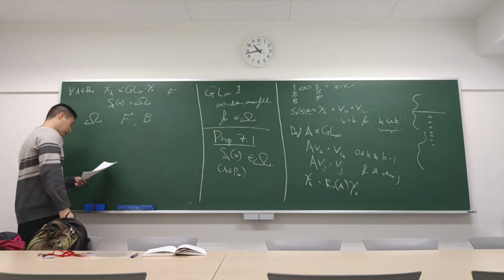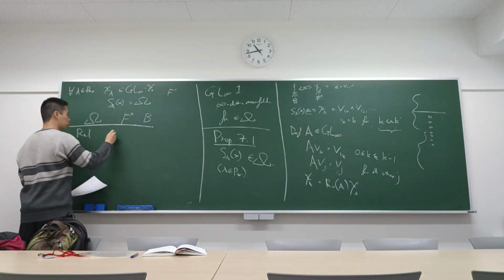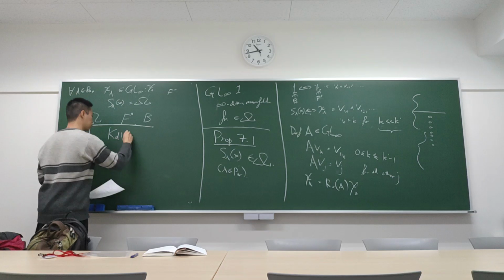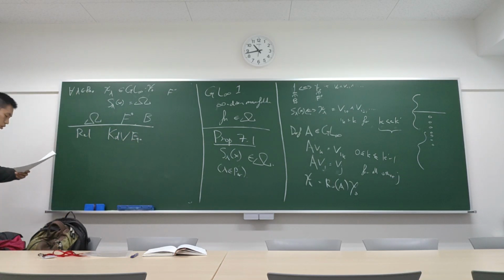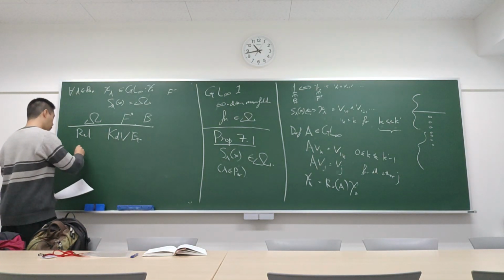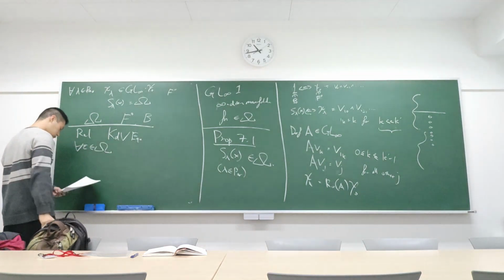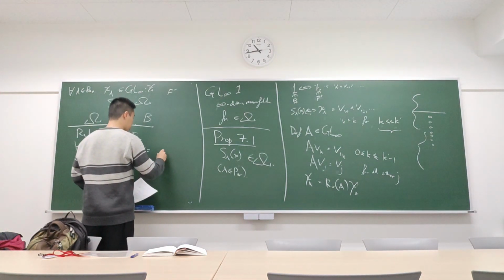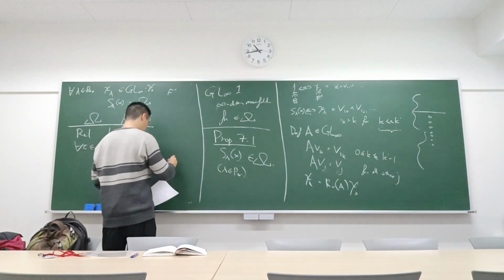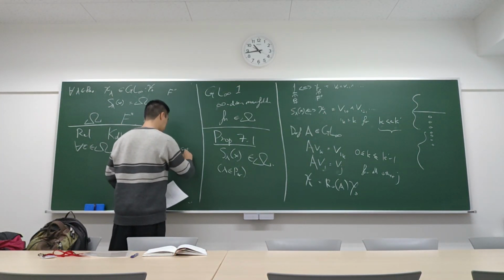So in order to relate to the KdV equation, we want to show that whenever you have some element of this orbit, this is a solution to an infinite set of PDEs.